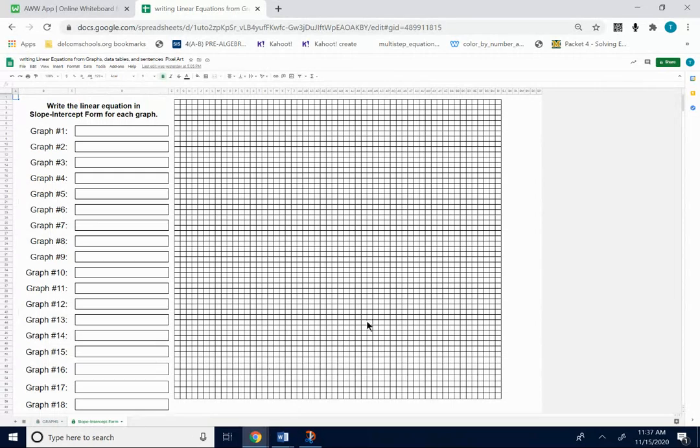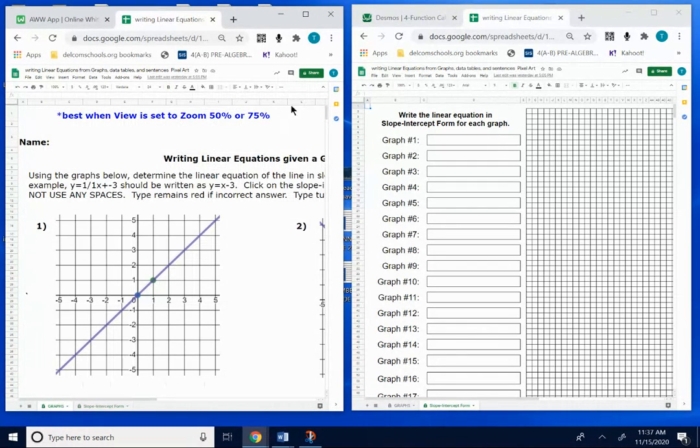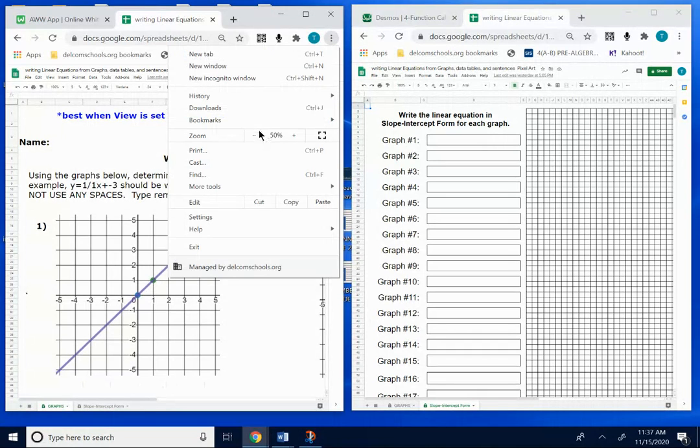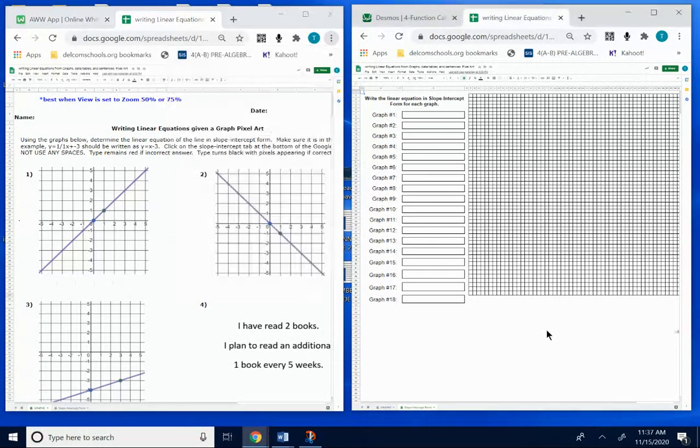What I'm going to recommend you do is a double 2 half screens, and put the graphs on one half screen at 33% and put the slope-intercept form page at 33% on the other half screen.